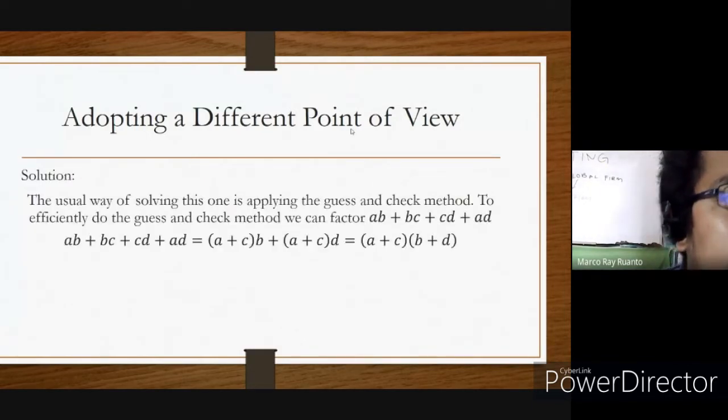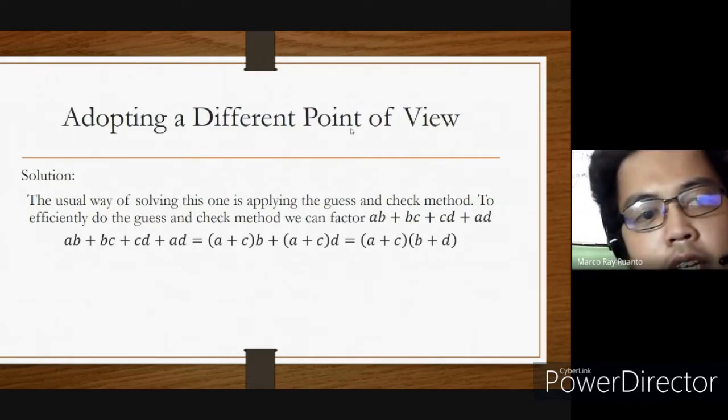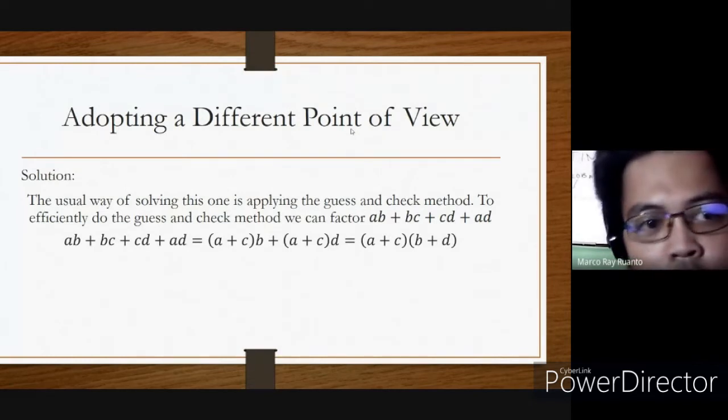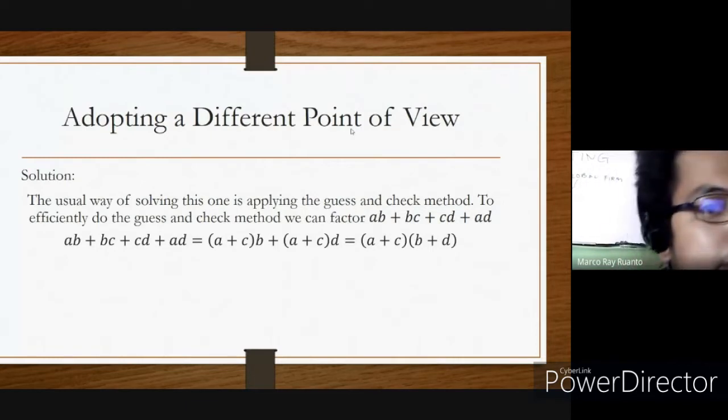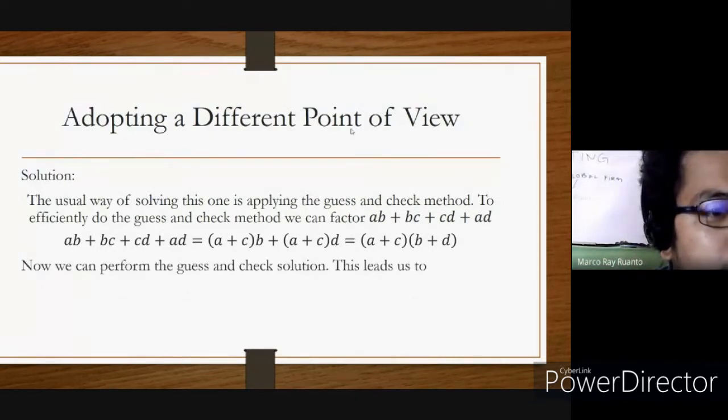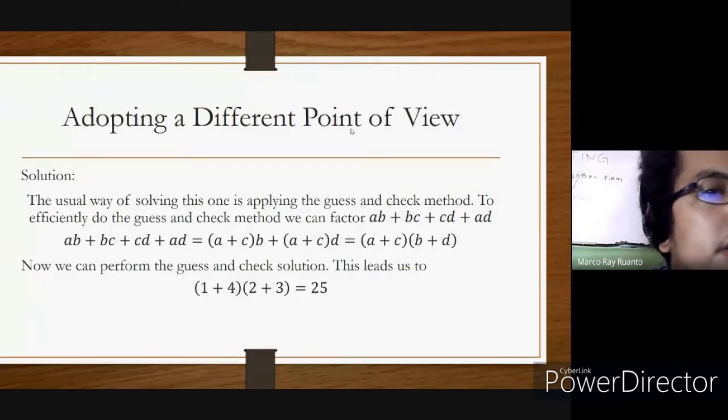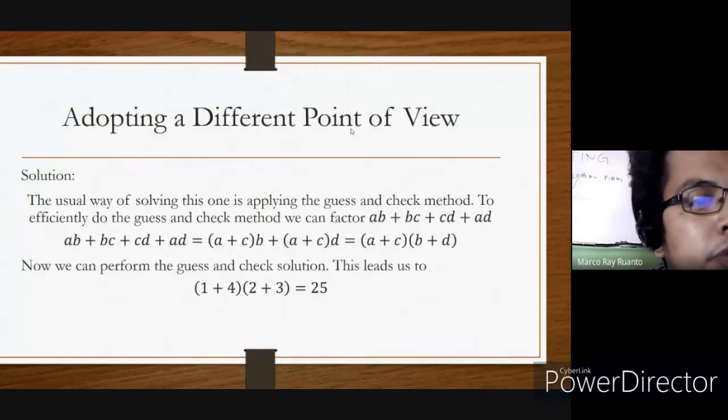So I can factor this into A plus C and B plus D, and from there I can efficiently do my guess and check, my trial and error. Through the guess and check solution, this would lead to this answer: the largest possible combination of numbers, and the greatest value is equal to 25.